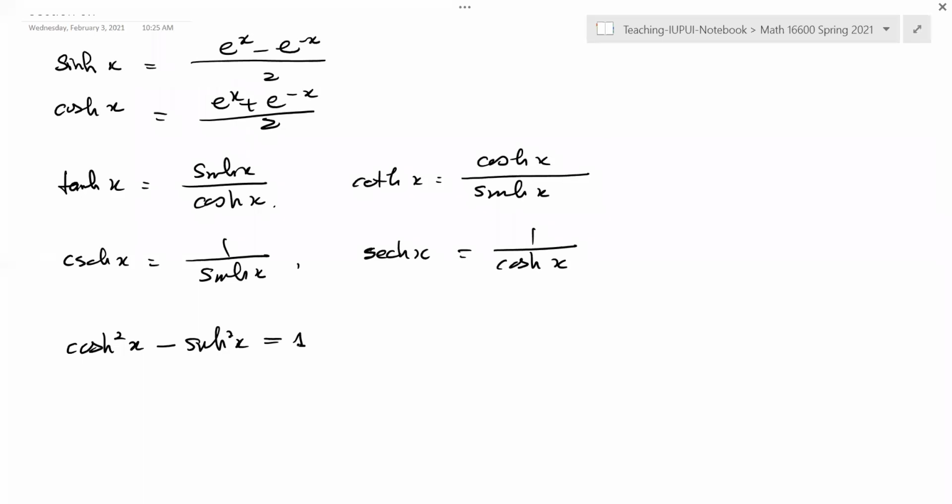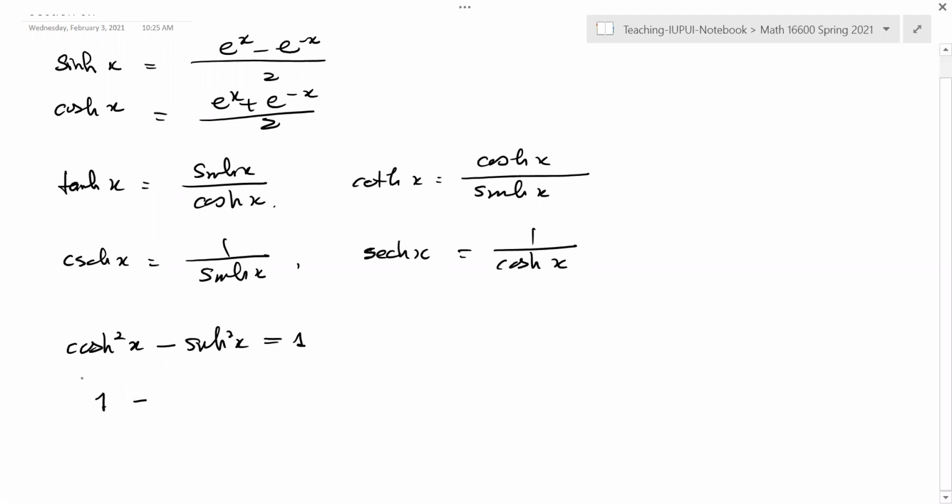You compare with sine and cosine: cosine squared plus sine squared equals 1. Now here there's a minus. Then if you divide both sides by hyperbolic cosine squared x, what do you get?